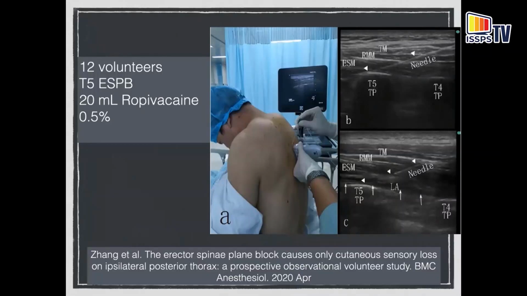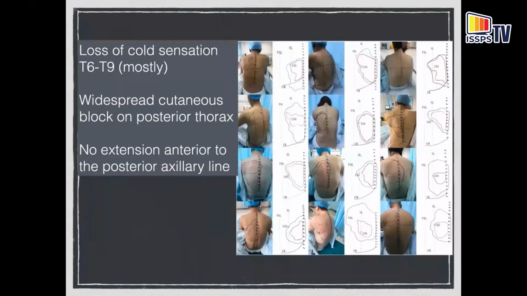This is by Dr. Zhang, and the goal was to evaluate the cutaneous block that would occur following Erector Spinae block. Now, what Dr. Zhang demonstrated was that there was significant loss of cold sensation, but not involving a large number of segments. The segments that were most commonly involved were T6 to T9.